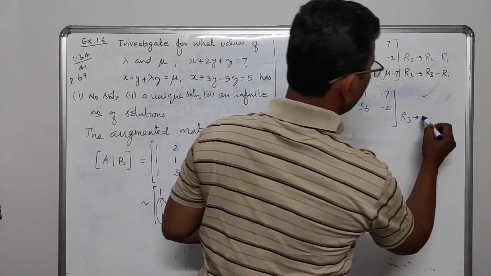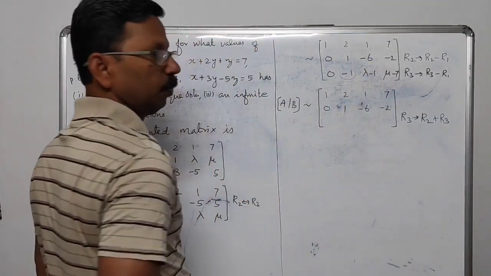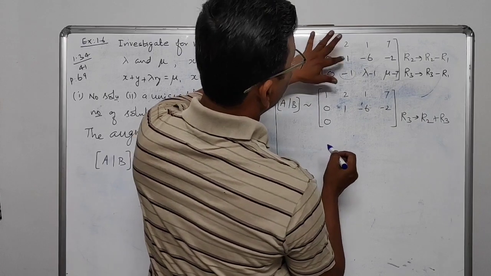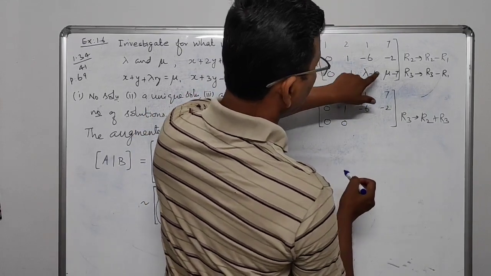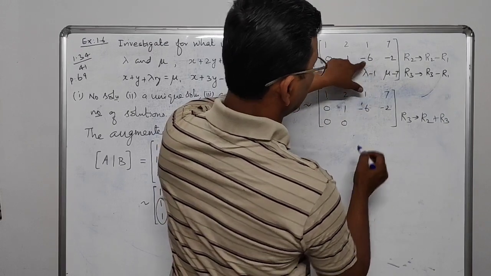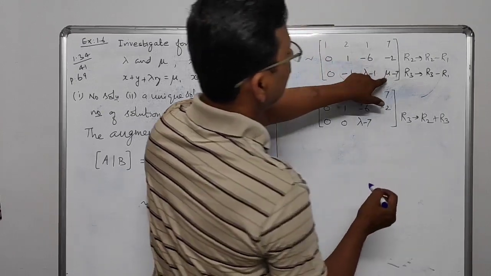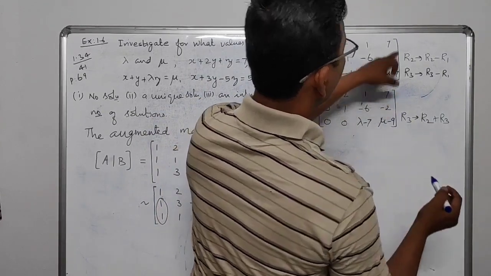Therefore you can add. R3 gives R2 plus R3. If you add these two, 0 plus 0 gives 0, then plus 1 minus 1 gives 0. Then lambda minus 1 plus minus 6 gives lambda minus 7. Then here mu minus 9, we are adding these things.